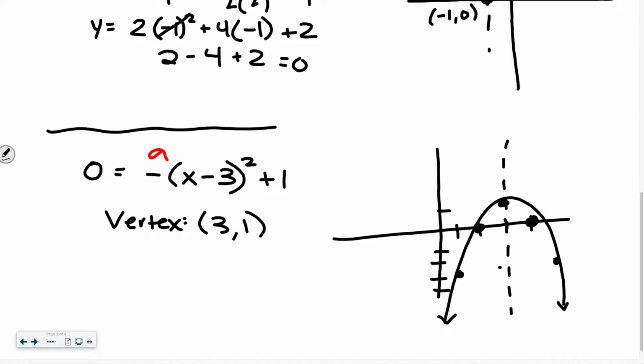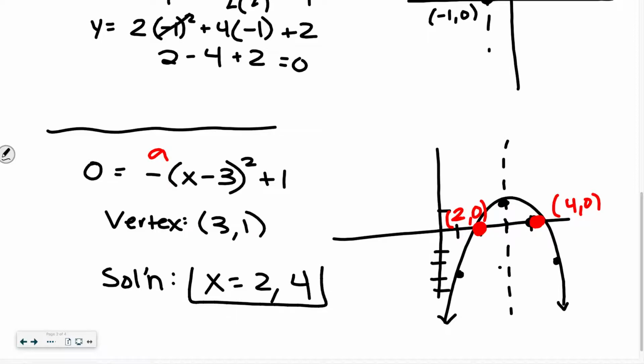So where are the solutions going to be located? At your x-intercepts, right? Like this point is (4, 0), and this point, oops, I almost wrote 2 there, I mean 1. That point is (2, 0), so the solution to this problem is x equals 2 and x equals 4. You have 2 answers because you have 2 x-intercepts.